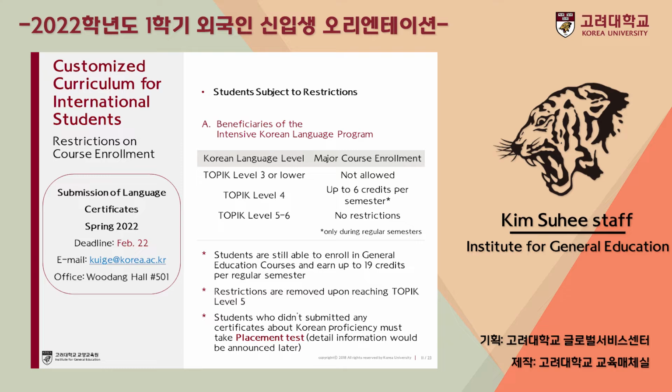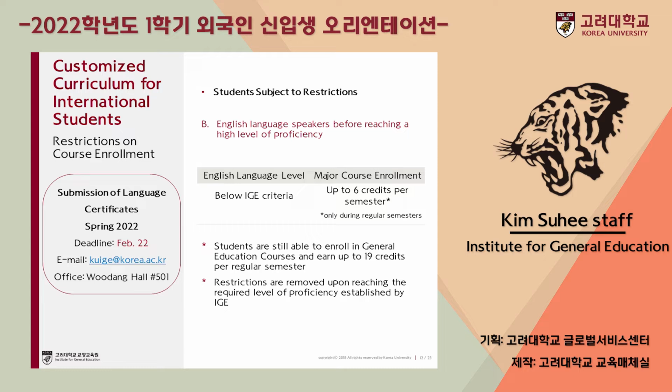Students can submit additional language certificates to remove their restrictions until the 22nd of February by email or by visiting our office. If you don't submit any certificates of Korean proficiency, you must take a level test. The schedule and detailed information were announced via email, so please check your email.